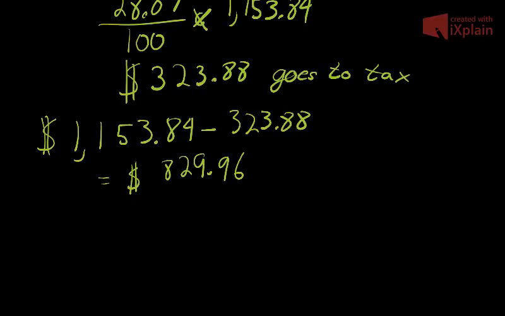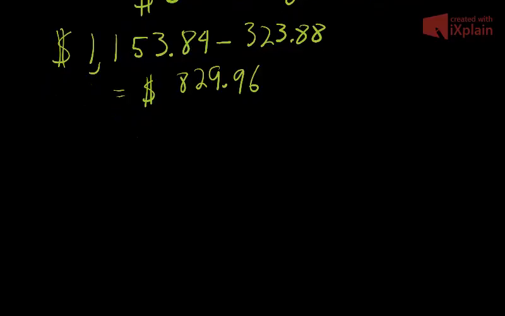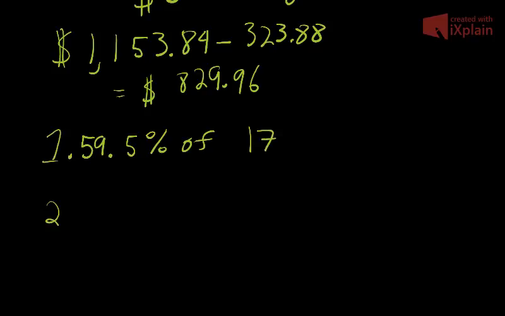So that is essentially all I have to teach you guys today as far as percentages go. So what I would like you guys to do is to find that 59.5% of 17 would be one of the ones I would like you guys to solve. And I would also like you guys to find 315% of 21.